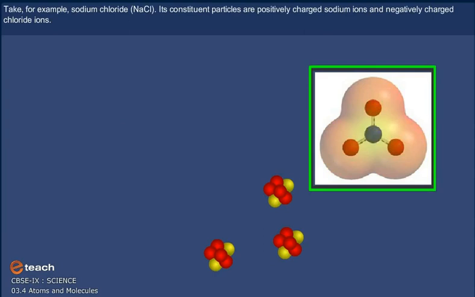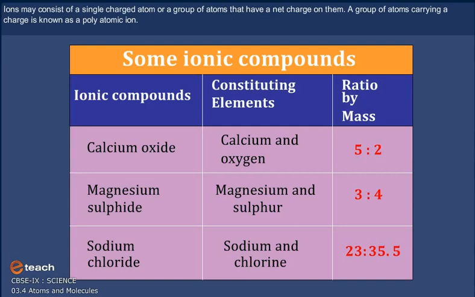Its constituent particles are positively charged sodium ions, that is Na+, and negatively charged chloride ions, that is Cl-. Ions may consist of a single charged atom or a group of atoms that have a net charge on them. A group of atoms carrying a charge is known as a polyatomic ion.